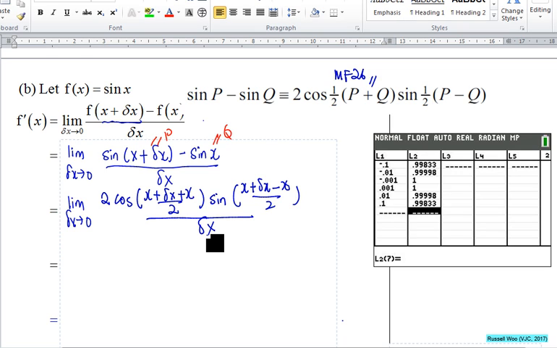Just blindly using the formula. Don't ask me why I want to use the formula, just copy. Eventually you will realize that I'm just trying to prove why differentiating sine x will get cosine x.